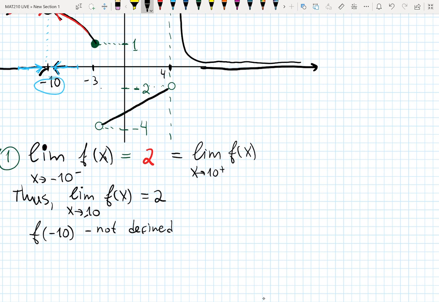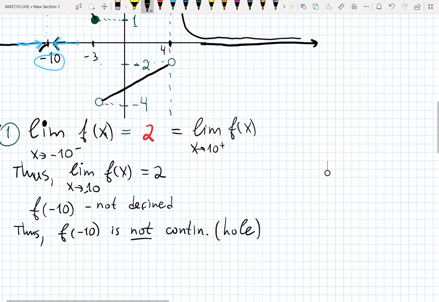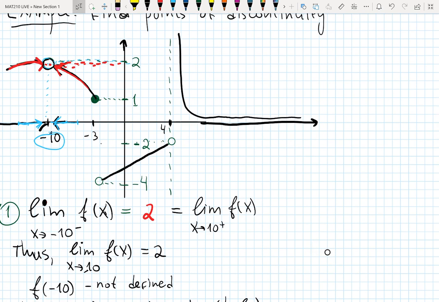Thus, f at -10 is not continuous, and it has a hole, which is a removable discontinuity, which technically speaking we can fix, but we don't have to. So that's the first point.